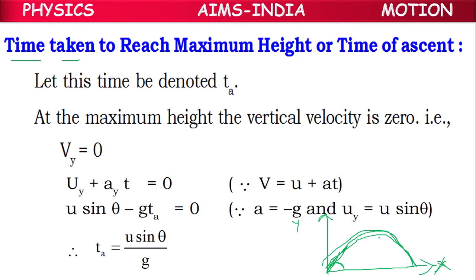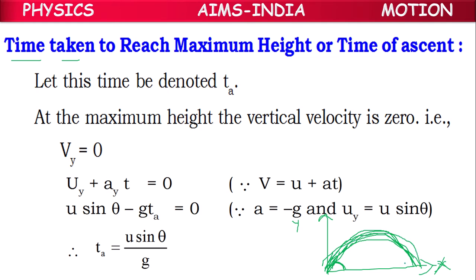This is the trajectory of the projectile. So this is an example of oblique projection. Means projecting the body from the ground with an angle other than 90 degrees is an example of oblique projection.